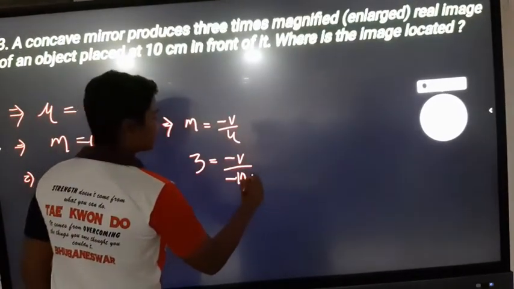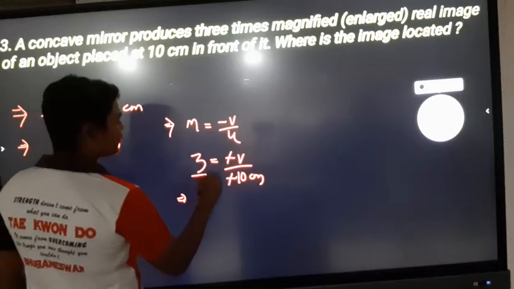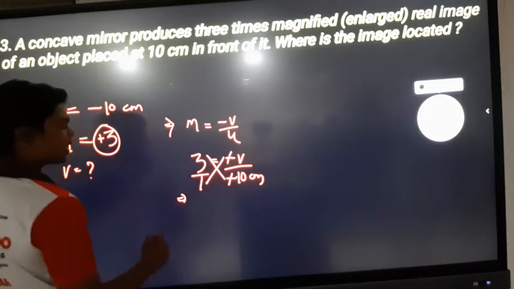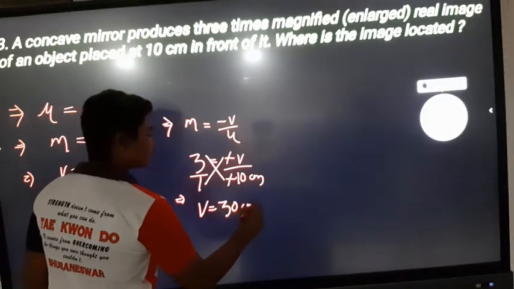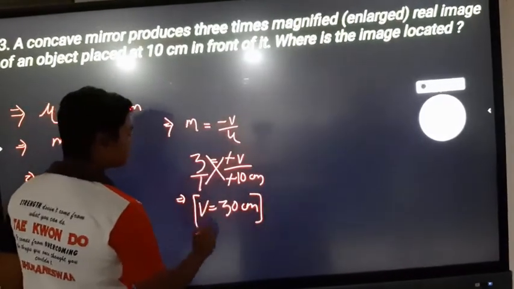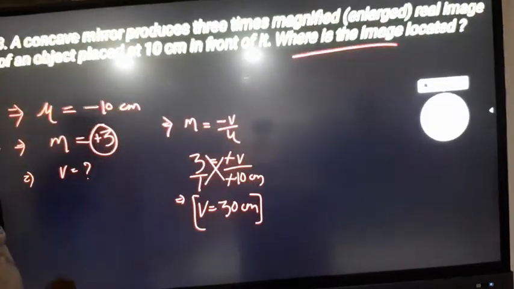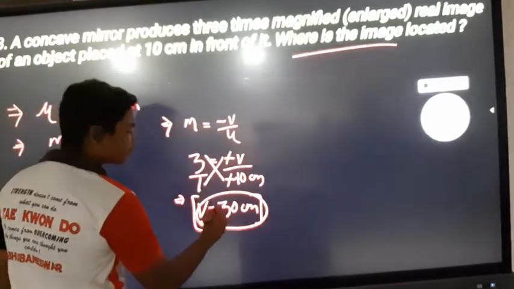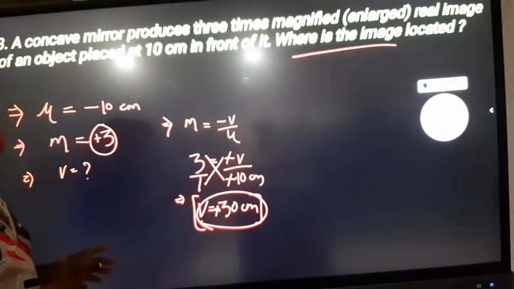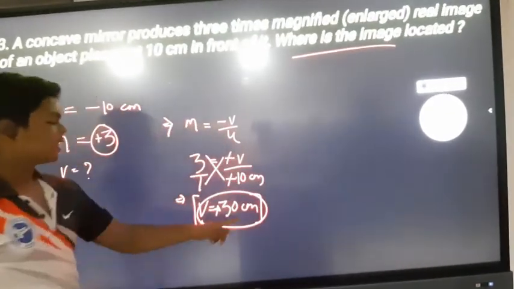The minus signs cancel, and after cross multiplication v equals 30 cm. Since it is positive, the image is present at the back of the mirror, 30 centimeter behind the mirror.